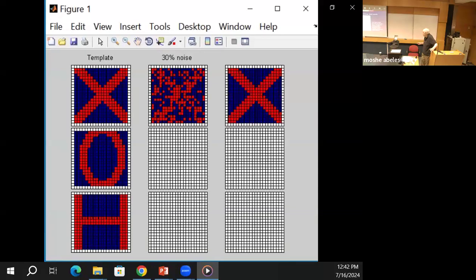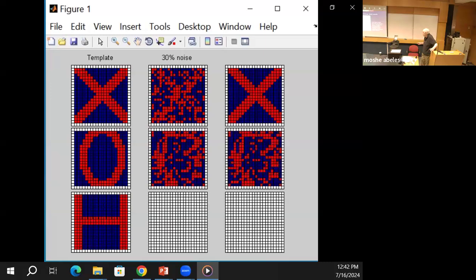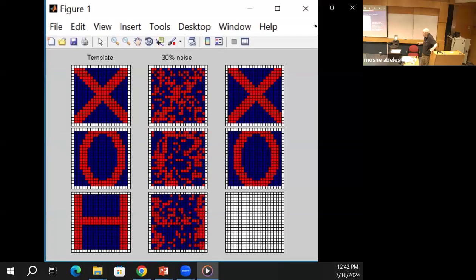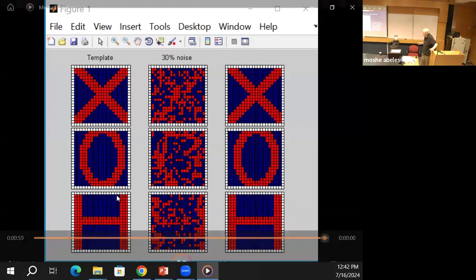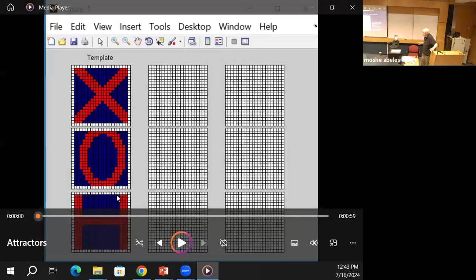However, if we start from this configuration and let it evolve, it will fall into this figure. And if we start with this configuration, it will fall into the H figure. So it's the same network. Depending on the initial condition, we get either one attractor, another one, or the third one.